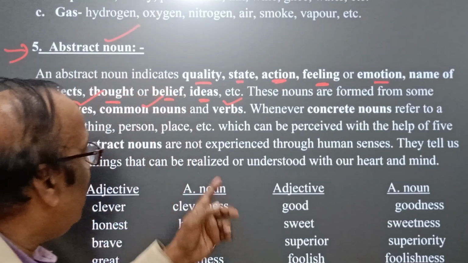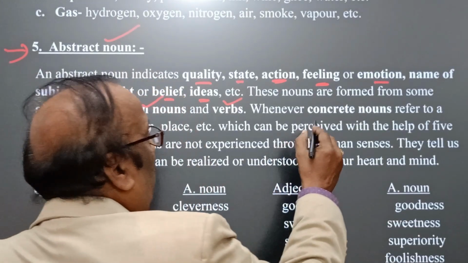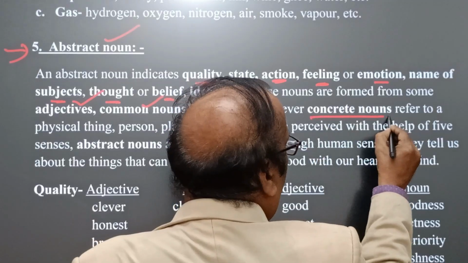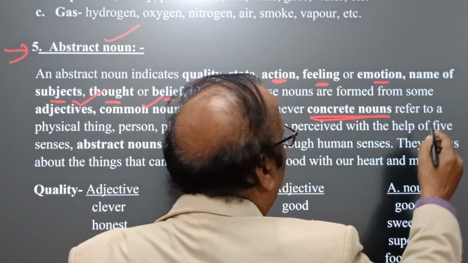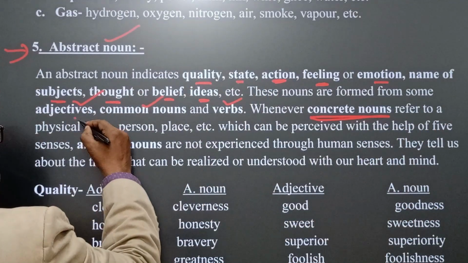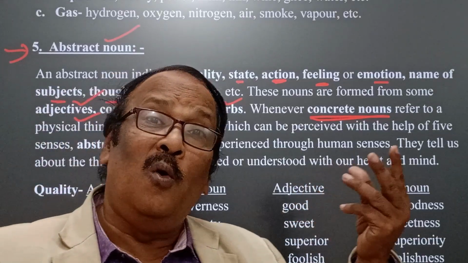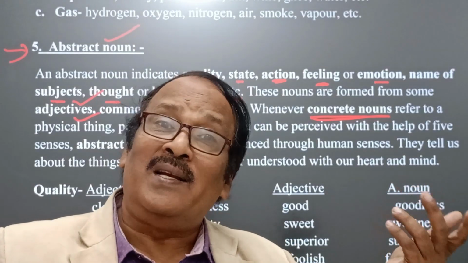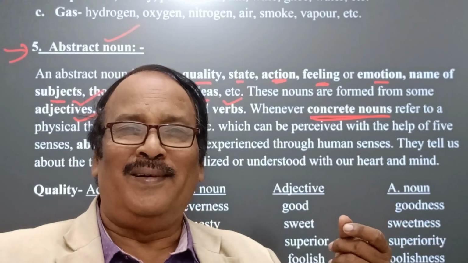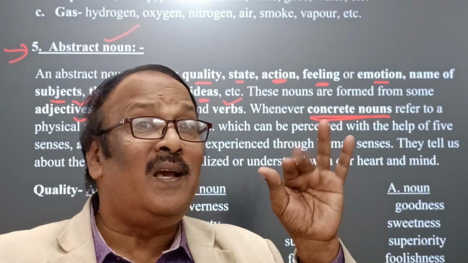Now here, concrete nouns, you see, concrete nouns refer to physical things. For example, gold. Gold is a material noun and a concrete noun. It indicates some physical thing.